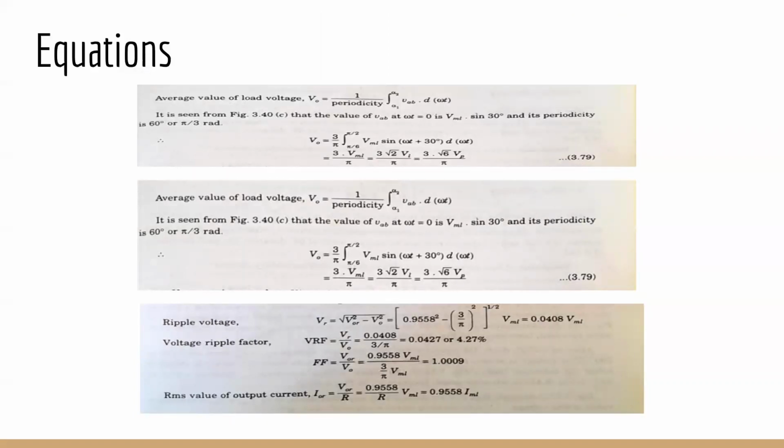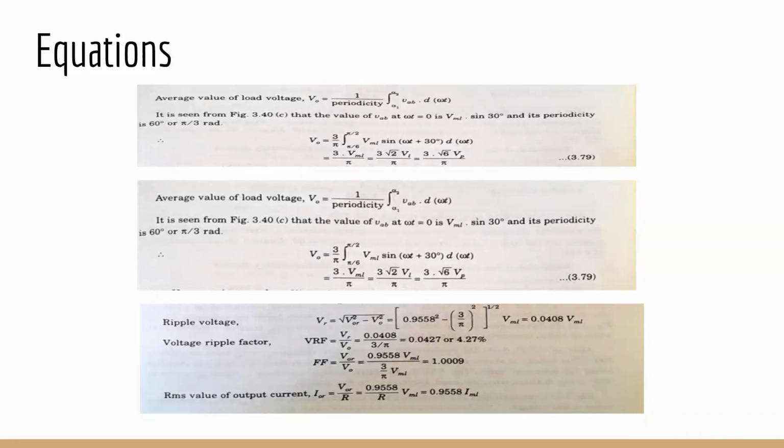For the sine omega t function, V0 equals 3 by pi integration from pi by 3 to 2 pi by 3 of VML sine omega t d omega t equals 3 VML upon pi.